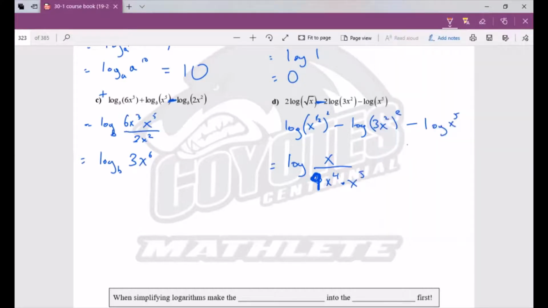So any term that ends up being positive ends up in the numerator, for the positive leading coefficients. Negative coefficients end up being in the denominator. We can take this a step further and simplify it a bit, and this ends up being equal to logarithm of 9x to the 9 downstairs. Nothing left upstairs, so we'll call it 1.